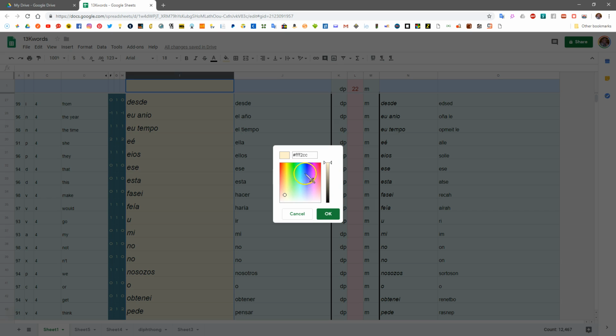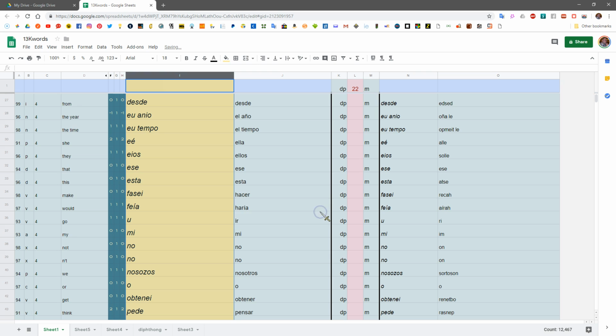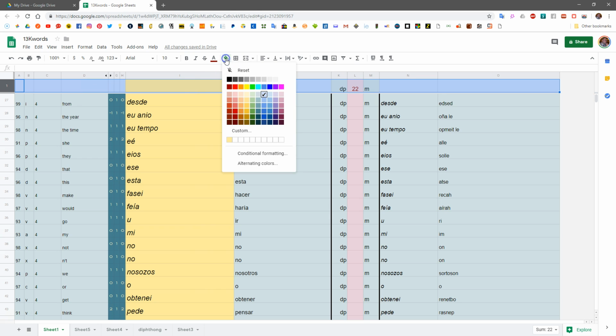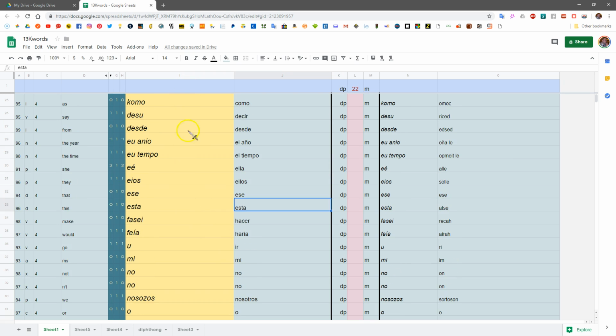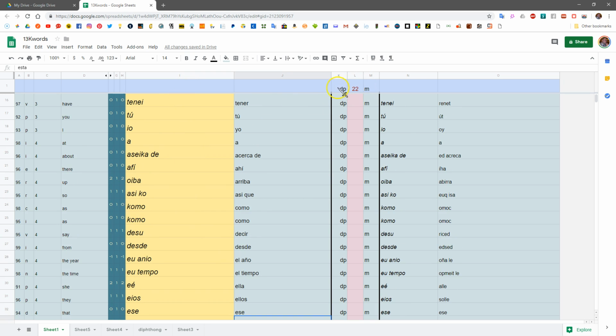Okay, let's put a little bit more. That works good. Yeah, I like that. Except I want this to be all the same. There we go. And because this row is, well, I have the sound change right here.